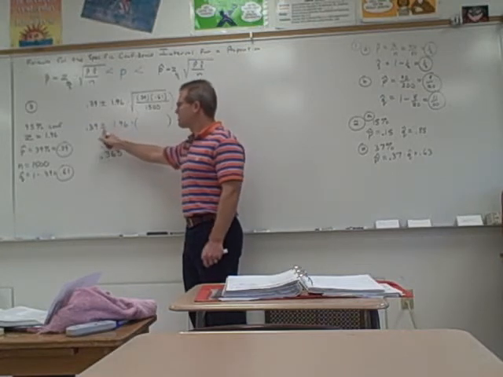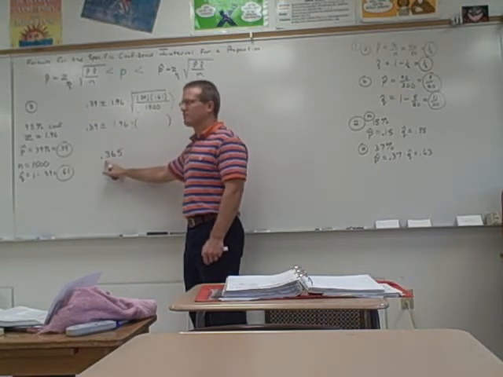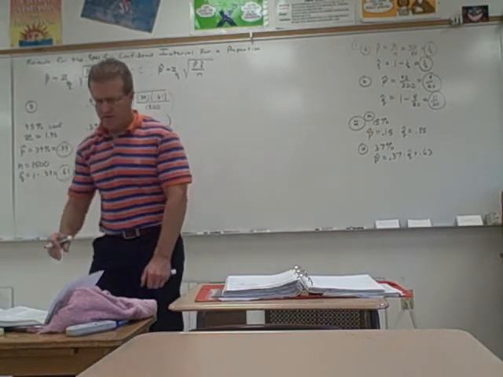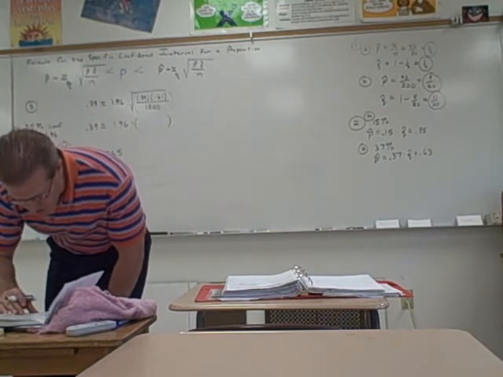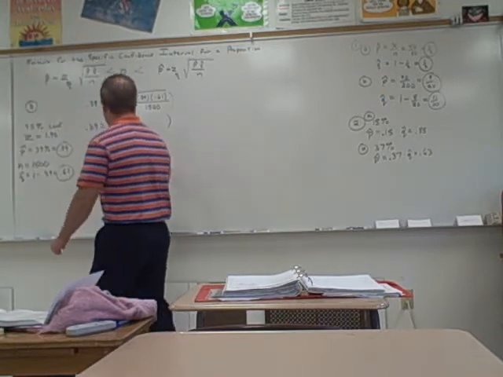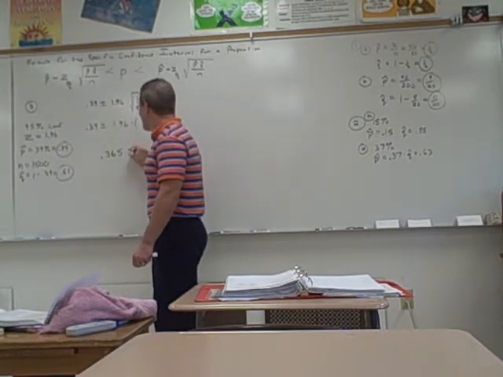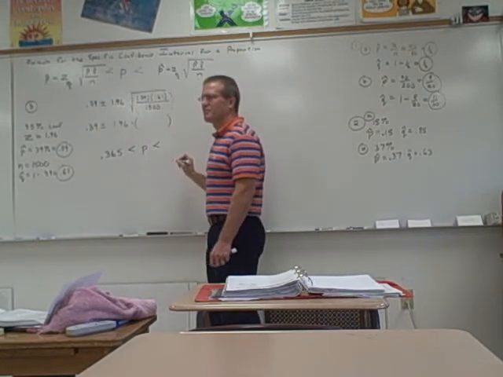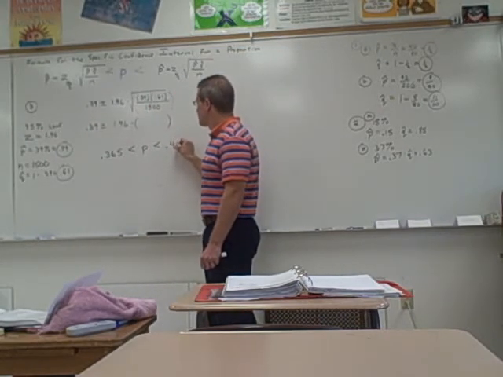When you use the subtraction symbol, you get the number on the left. Let's hear some numbers so we can see if we have any agreement here. 0.365 is right, Spencer. You shouldn't doubt yourself. What's the other one? 0.415.